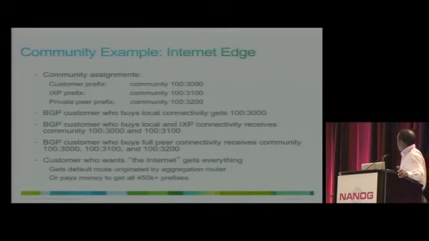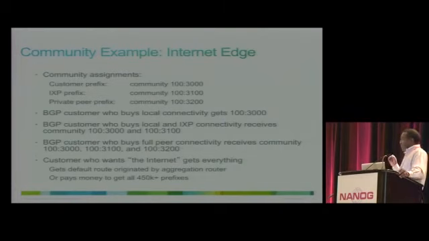So here's an example. Customer prefix: if a customer wants to send to other customers, they will receive community 3000. If they want to receive traffic from IXP prefixes, then they will receive 3100, and so on.